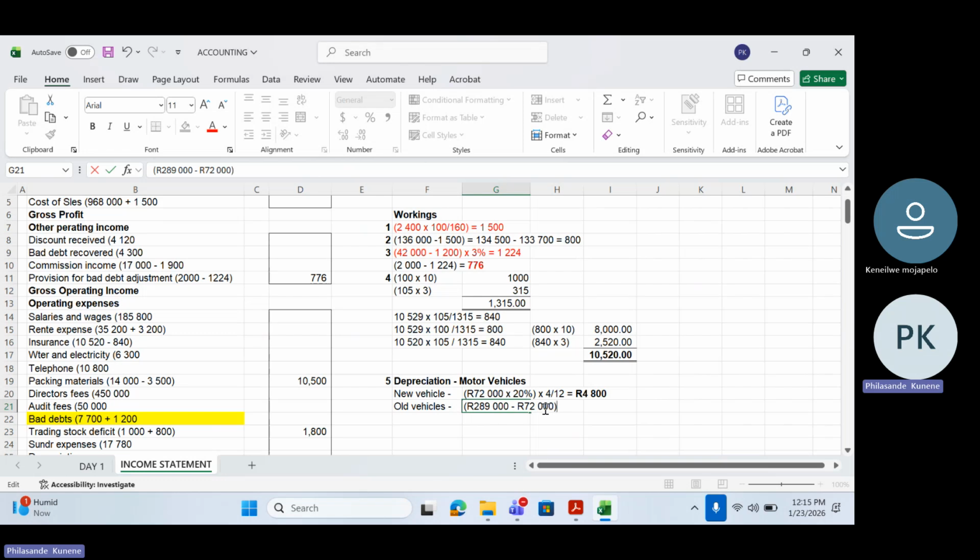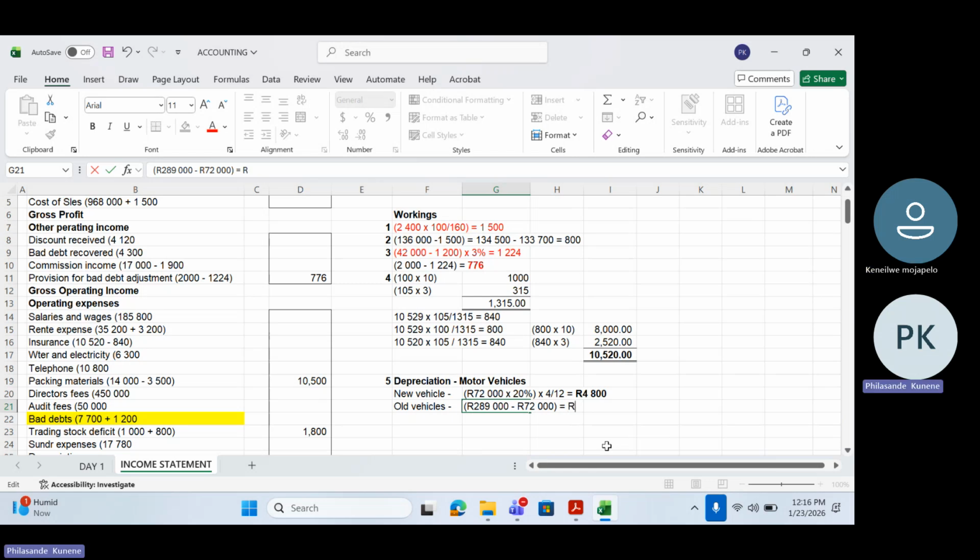So I need to take it out first. 289,000 minus 72,000, because 72,000 is the new vehicle, and we've already calculated the depreciation for the new vehicle. So we only need the depreciation for old vehicles now. So if we say 289,000 minus 72,000, how much are you getting?